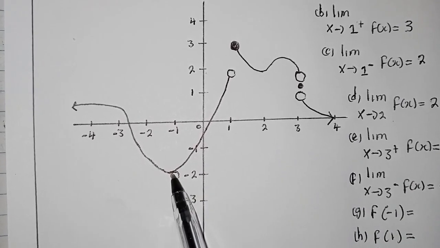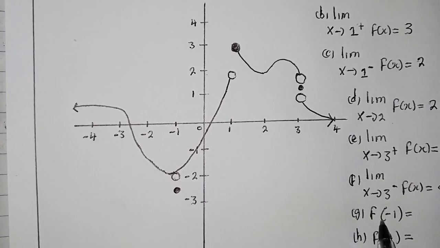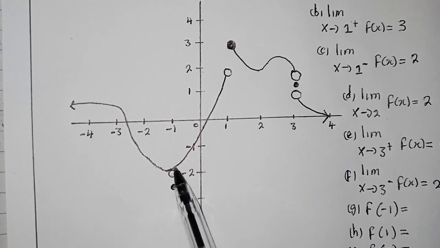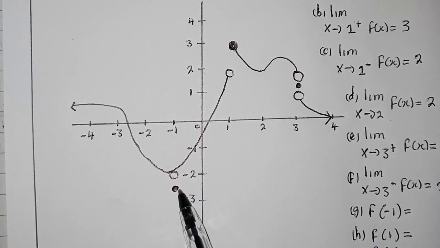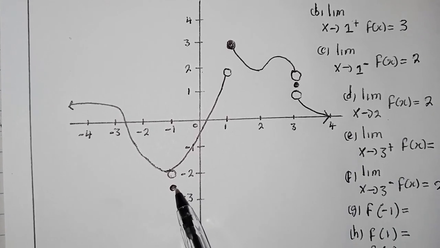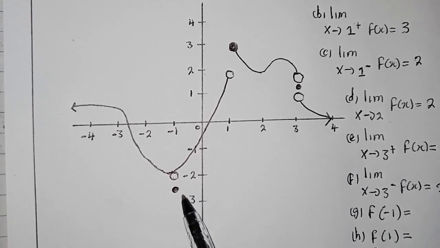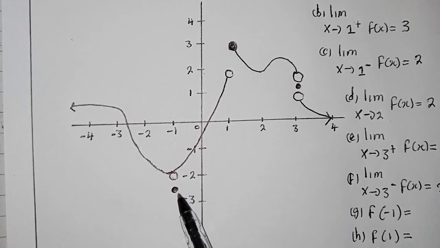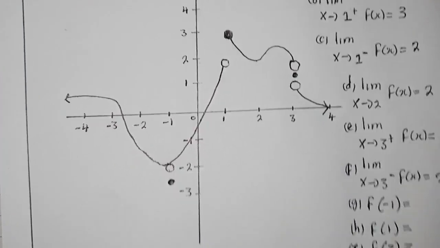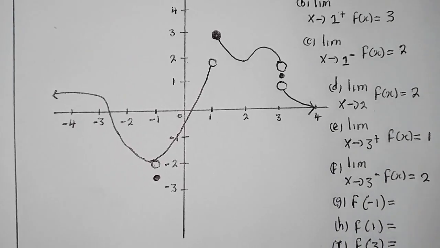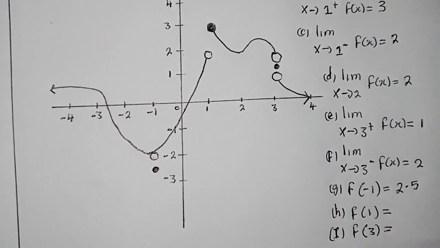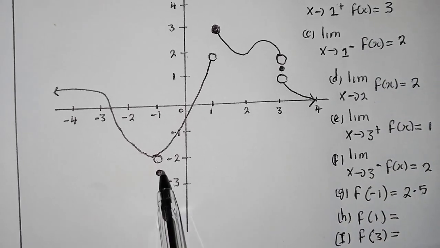We find an open circle. An open circle, in such an instance when you have an input number, doesn't give you any value. Instead, you must look for a closed circle, a dotted circle. If there is no dotted circle, you say the limit doesn't exist. But since there is a dotted circle, our answer is simply 2.5, because our closed circle is at 2.5.